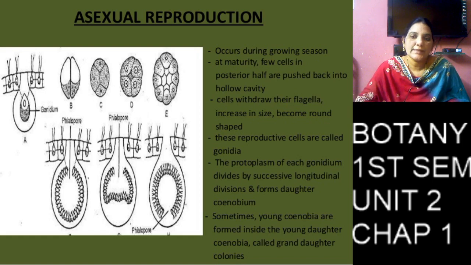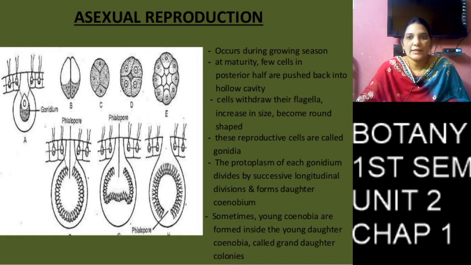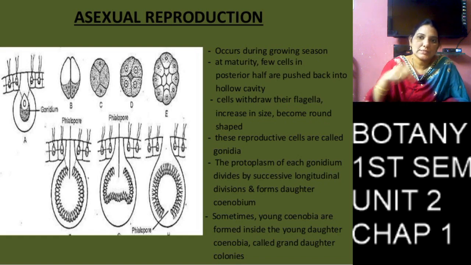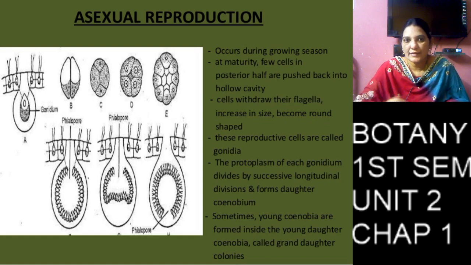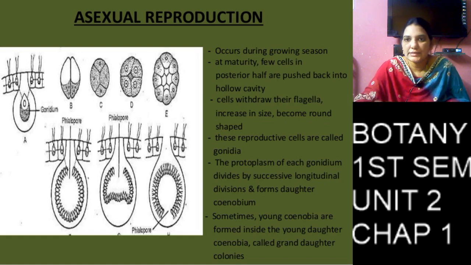That 8-cell stage is called the plakea stage. Then again it is divided, 8 to 16 cells. The 16 cells are attached with each other, and they turn in.